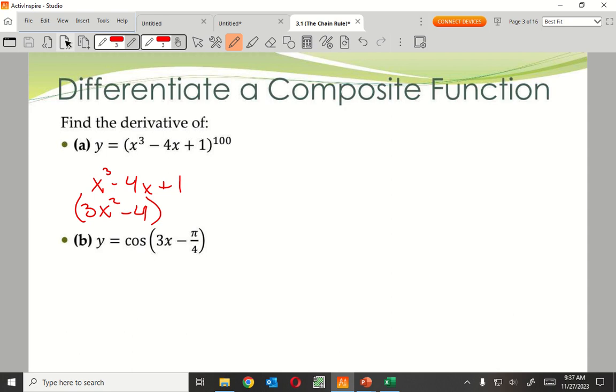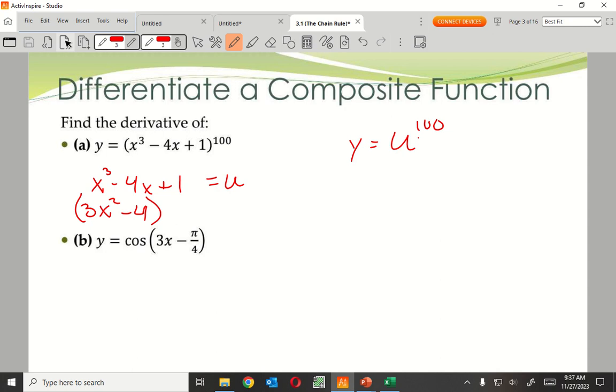Now, the whole thing with the u is I'm going to replace all this right here, the inside, with u. So now if I rewrite that, I'm going to say that u to the 100, now this is referring to the outside of that.